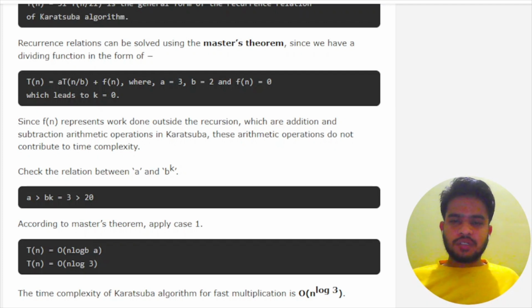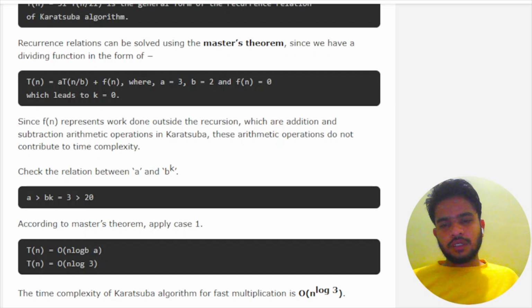Check the relation between a and b power k. It is shown below. According to the Master theorem, apply case 1. You get T of n equal to O of n power log 3. The time complexity of Karatsuba algorithm for multiplication is O of n power log of 3.